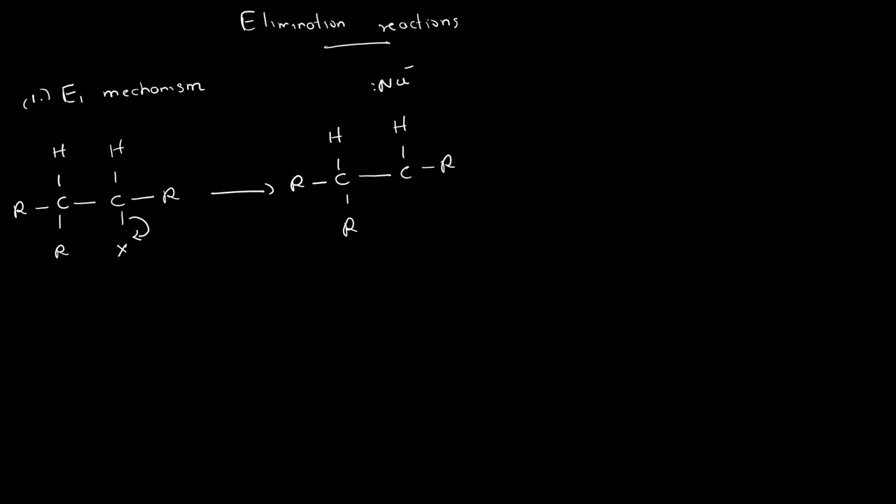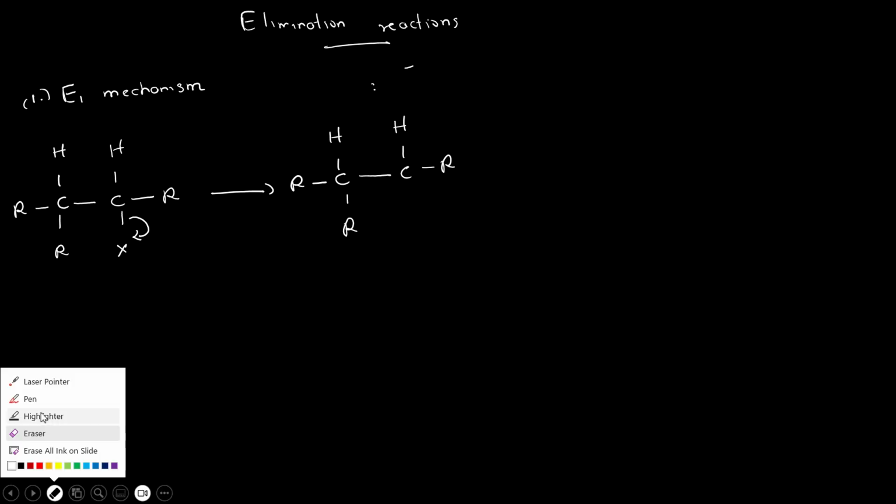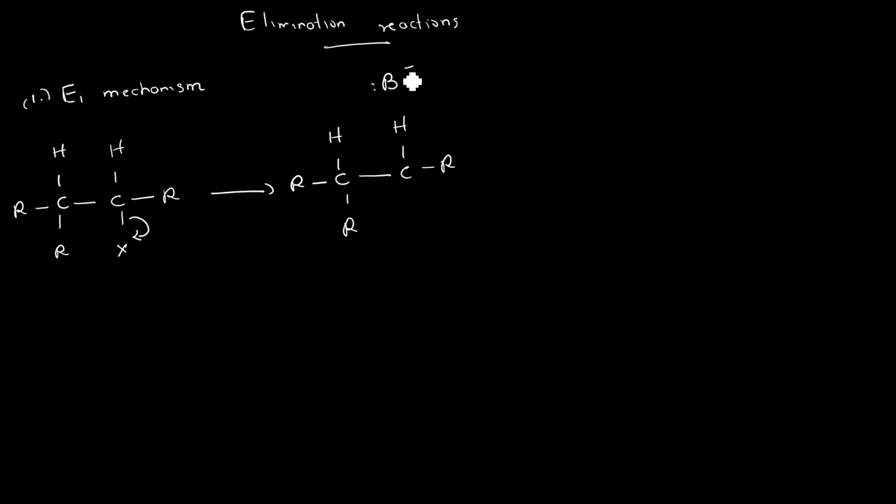There is only one difference on one occasion, and that's bulkiness. When bulkiness comes into place, that's how the nucleophile and the base differ. Otherwise, they are the same. So I will put a base like this. It is just like a nucleophile, the same function.